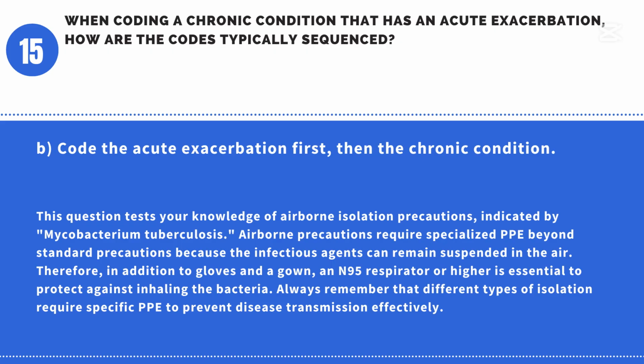This sequencing reflects that the acute exacerbation is the primary reason for the encounter or hospitalization. For example, if a patient has chronic obstructive pulmonary disease, COPD, with an acute exacerbation, the code for the acute exacerbation of COPD would be listed first. Always check the specific guidelines for the condition in question, but this is a common rule.